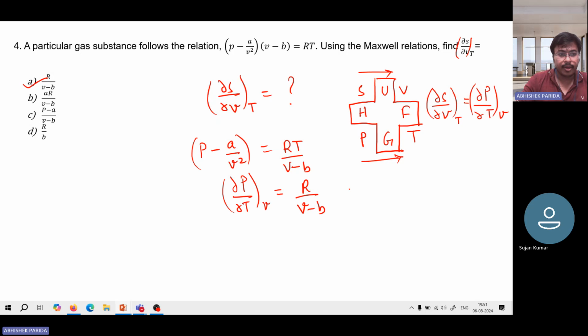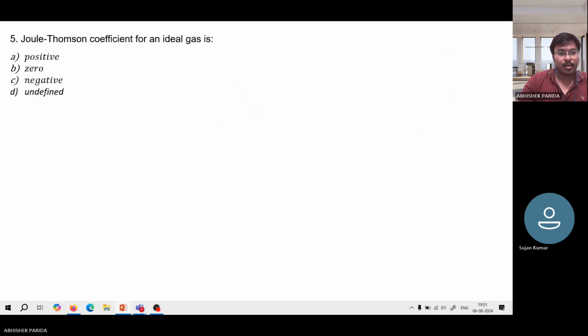We'll go ahead. Tell me this one. Joule-Thomson coefficient for an ideal gas is? What is the Joule-Thomson coefficient for an ideal gas? That is zero, sir. Yes, 0. We know that it is 0 because it is an isenthalpic process. H1 is equal to H2, so CpT1 is equal to CpT2, so T1 is equal to T2.